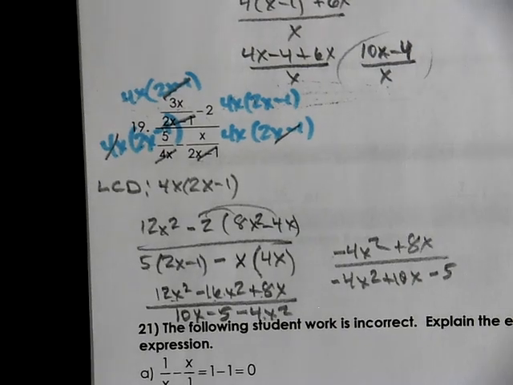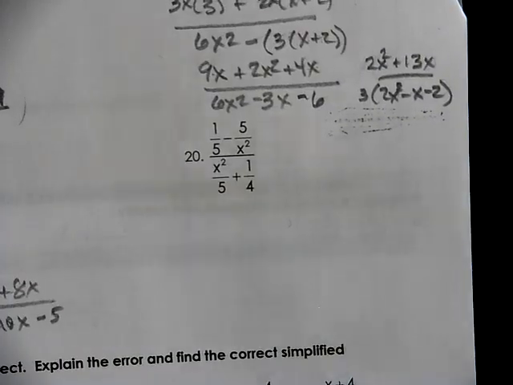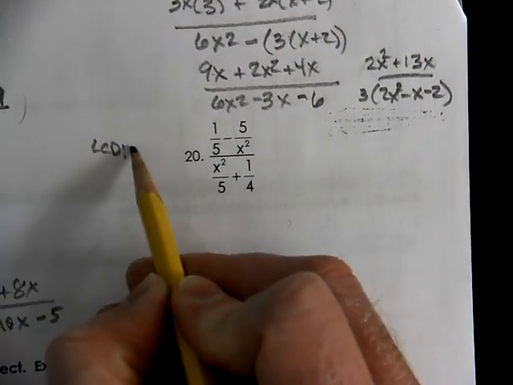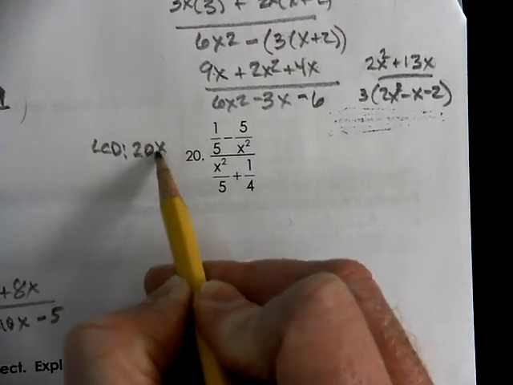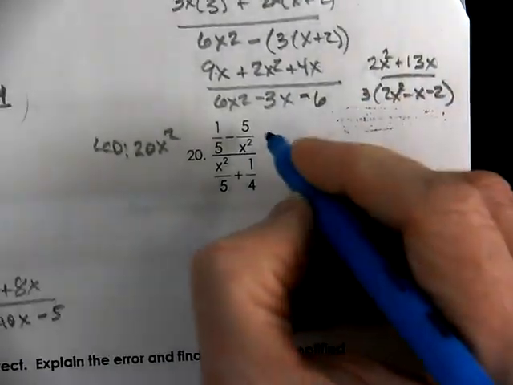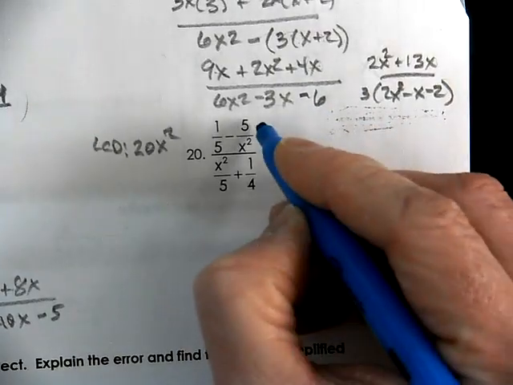All right. And then our last one, looking at the LCD, it looks like 20x squared. So we do 20x squared, each one of these.